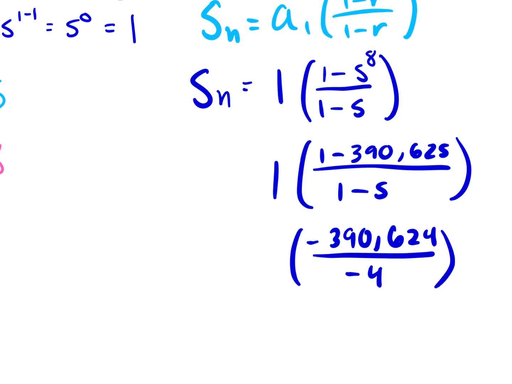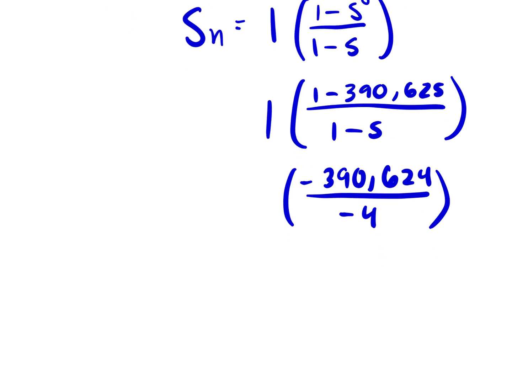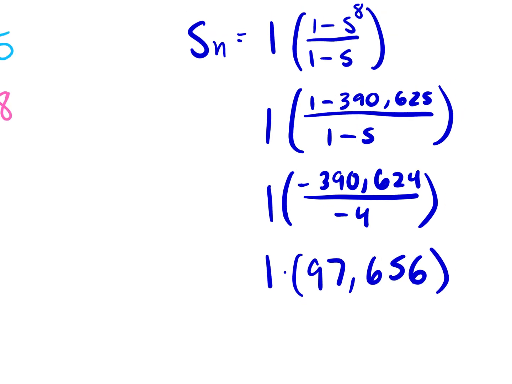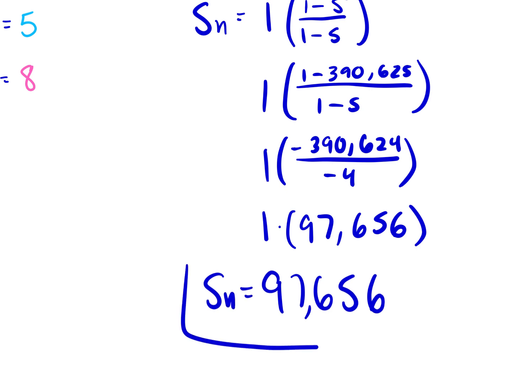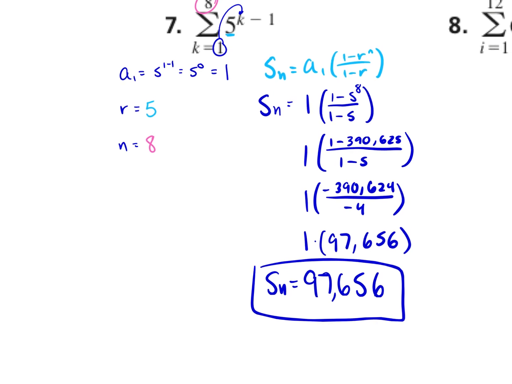So I'm going to divide this by negative 4. We get 1 times 97,656. And 1 times that would just be 97,656. So the sum is 97,656.